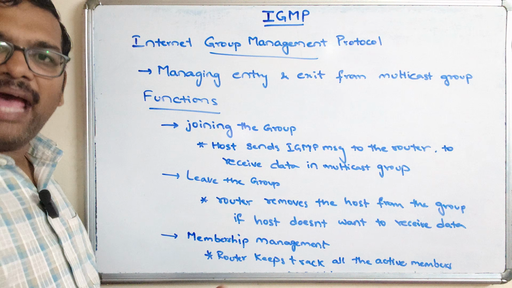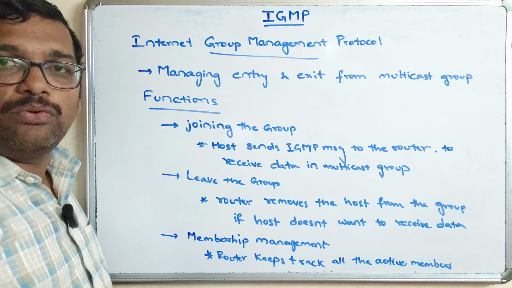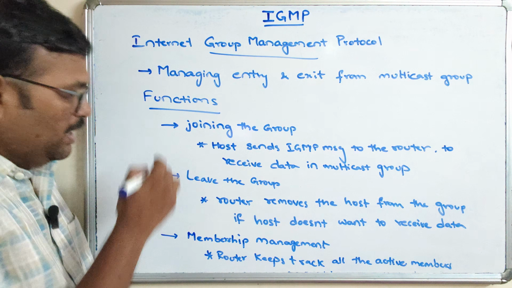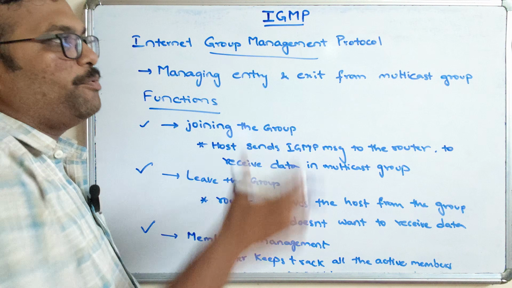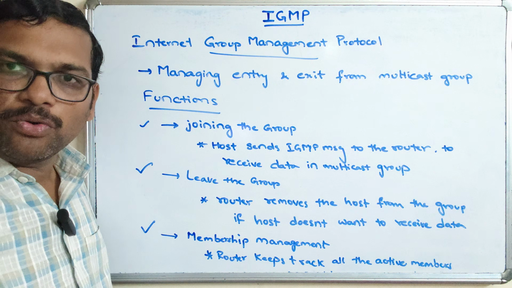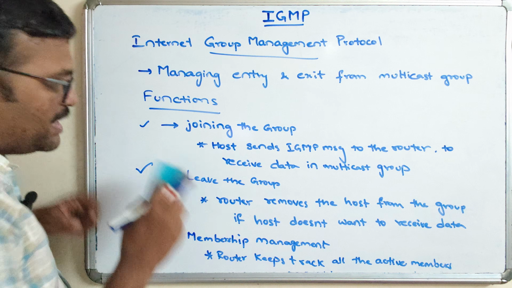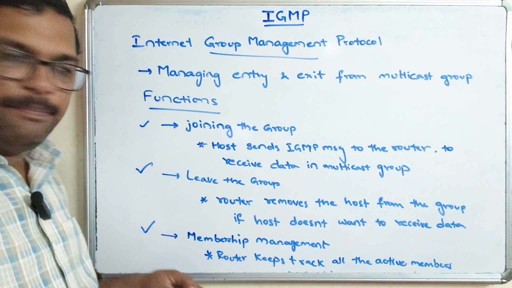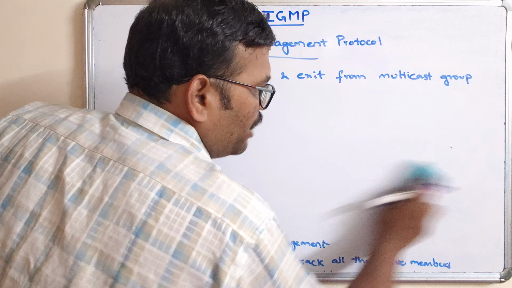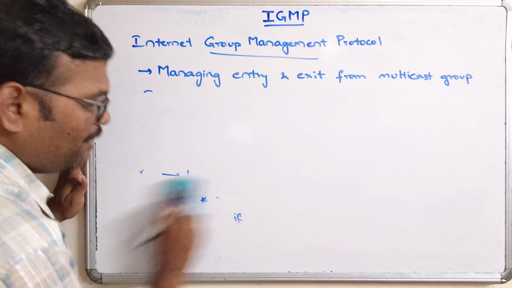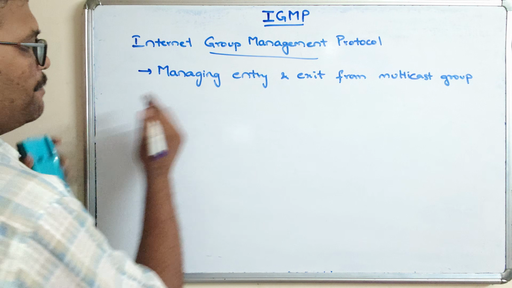So it will maintain the active members who are ready to receive the message. So these three are the functions of the Internet Group Management Protocol. Right? So we'll see the steps, the working of IGMP protocol. Simple. Whatever we have seen so far, that itself is the working of IGMP.